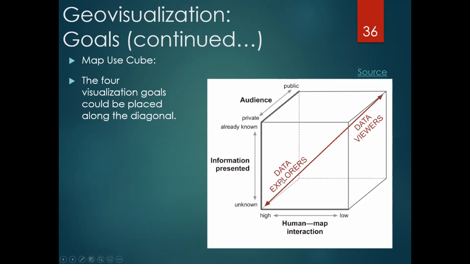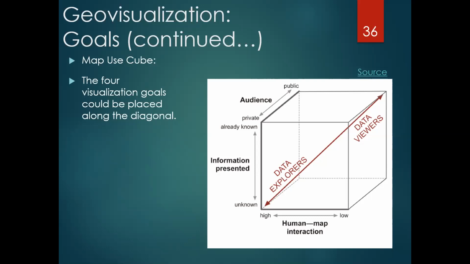But if your geovisualization can be located somewhere at the top right corner of this cube, your geovisualization is for data viewers, because it is used to show something already known, and it's for the public, and the interaction level is low, right? So for example, a general purpose map in an atlas, right?